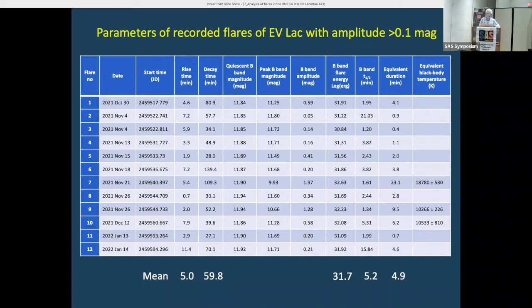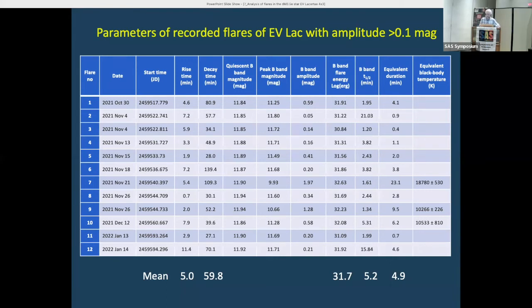The B-band energy, which I'll be describing in a minute, how we've calculated it, the mean of that, taking it as a log to the base 10 of the energy, is 31.7. And there are a couple of methods that are widely published in the literature for assessing the duration of a flare, which are a little bit less dependent on the subjective judgment of when a flare starts and finishes. One is the T1/2 parameter you've heard about already, which is effectively a full width half maximum.